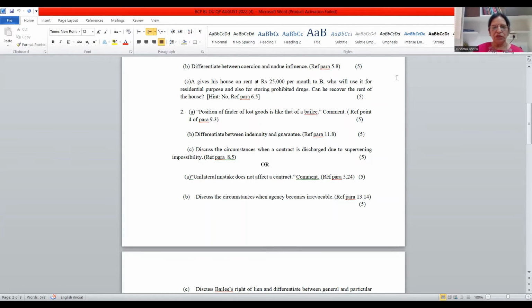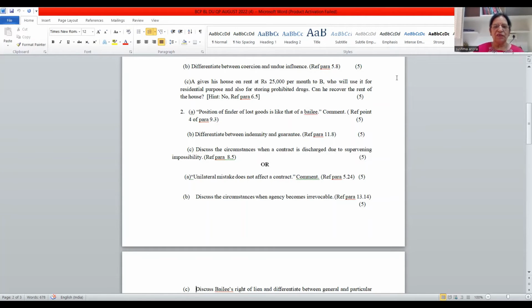Friends, supervening impossibility is also known as subsequent impossibility. The answer for this you will find under para 8.5 in my book, Business Laws by Sushma Arora. Now, subsequent impossibility: which are the cases where it applies and which are the cases where it does not apply.